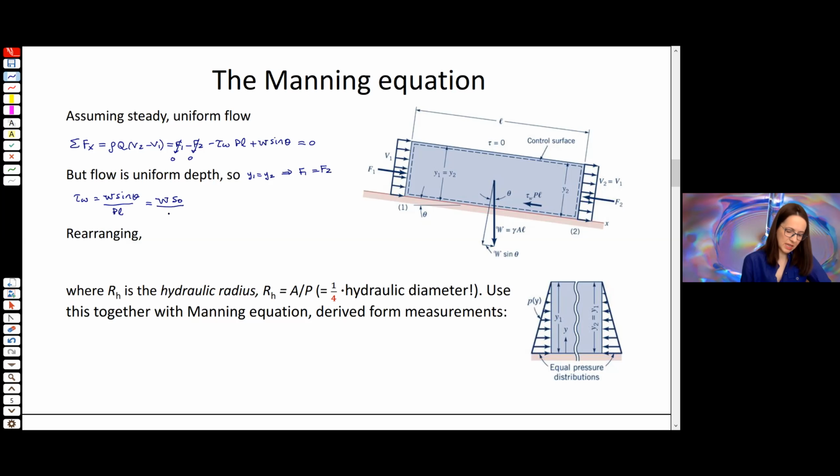So if we rewrite this, we get that sine of theta is just the slope of the bottom wall. We just call it the bottom slope. So the slope of the bottom wall of the channel.